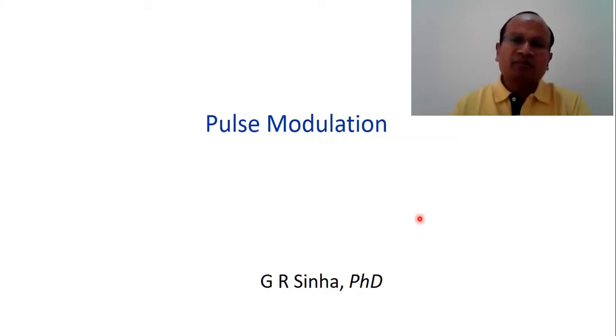We know that any modulation method is defined as the technique in which the carrier attribute or one of the attributes of carrier changes according to instantaneous value of message signal.